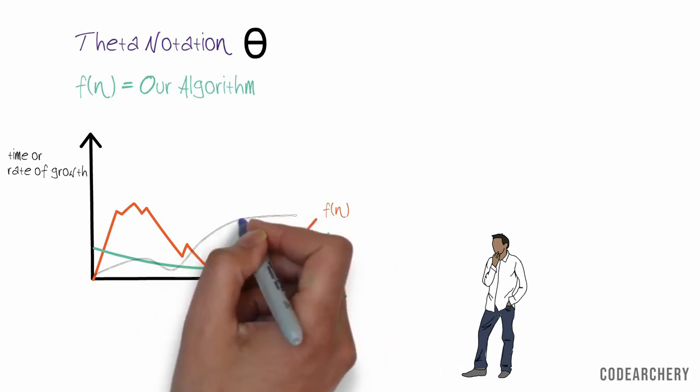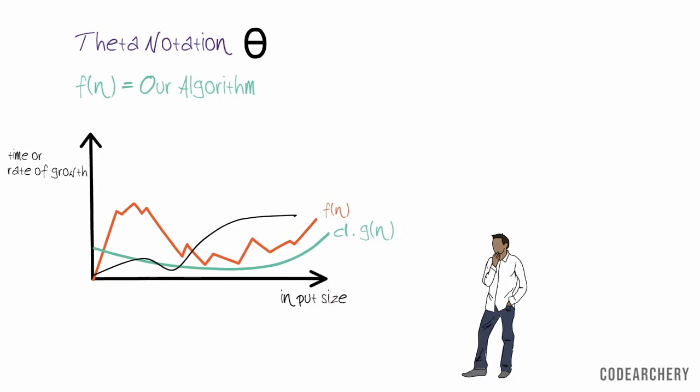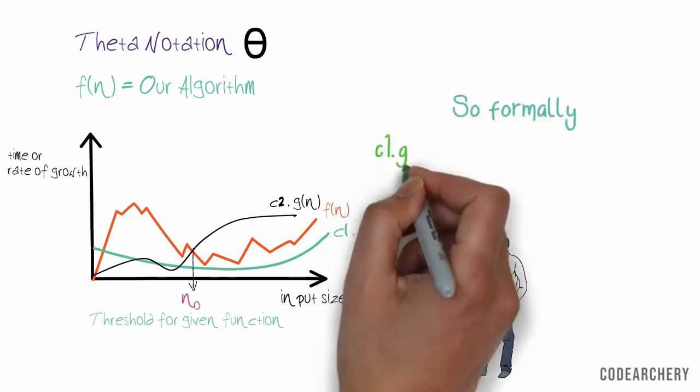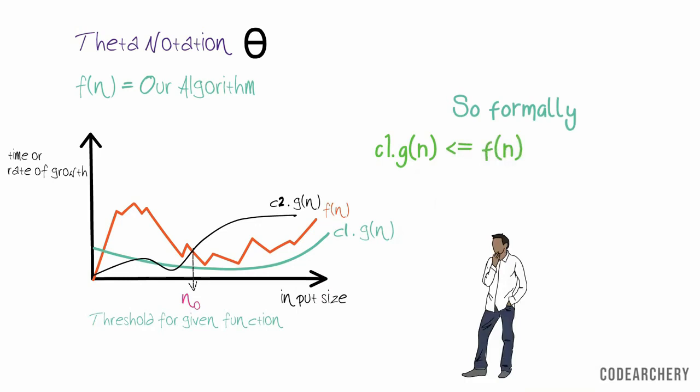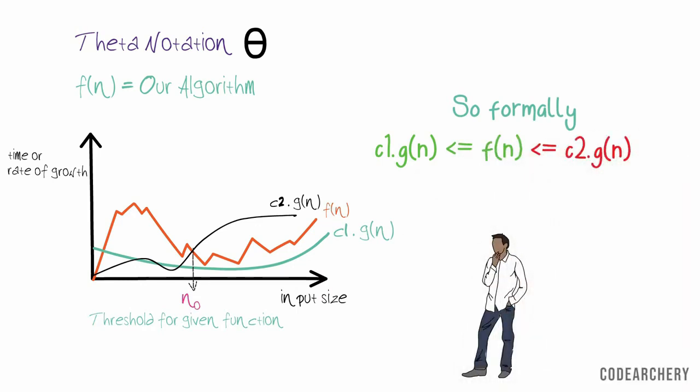So let's say g of n is the function and c1 into g of n is the lower bound for f of n, and c2 into g of n is the upper bound for f of n. So formally, when c1 into g of n is less than f of n and c2 into g of n is greater than f of n, then f of n is theta of g of n.